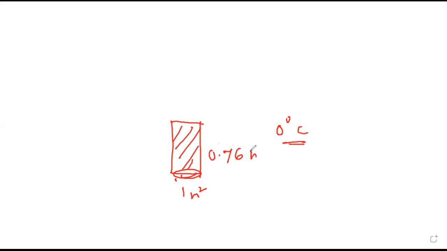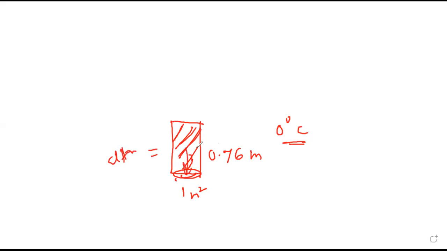Normal pressure means when you take a device called a barometer, the mercury height acting on an area of 1 meter square is 0.76 meter height. Equivalent to this, the pressure is called atmospheric pressure.